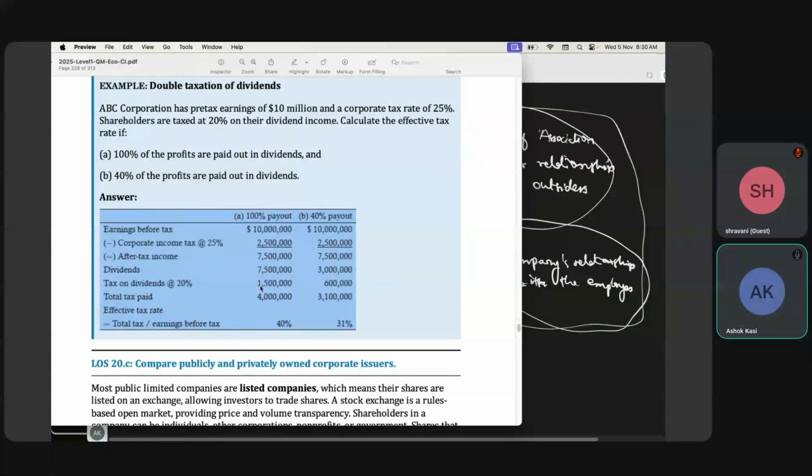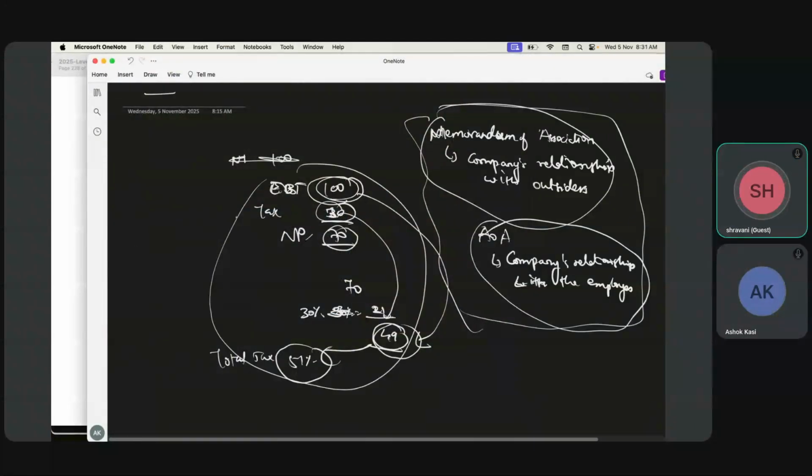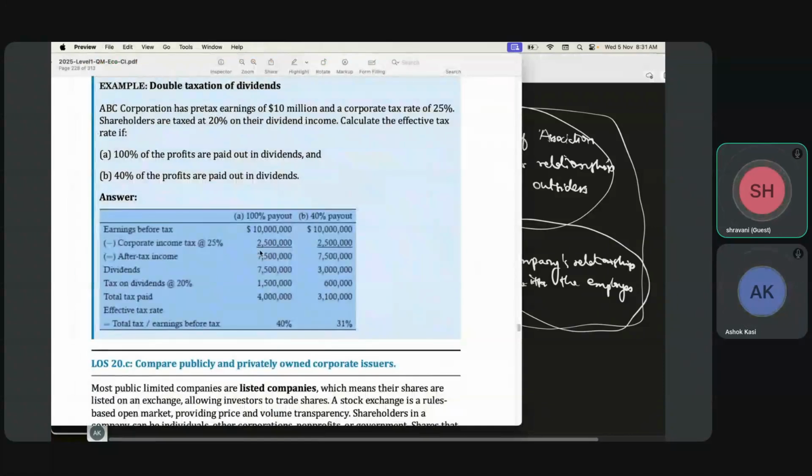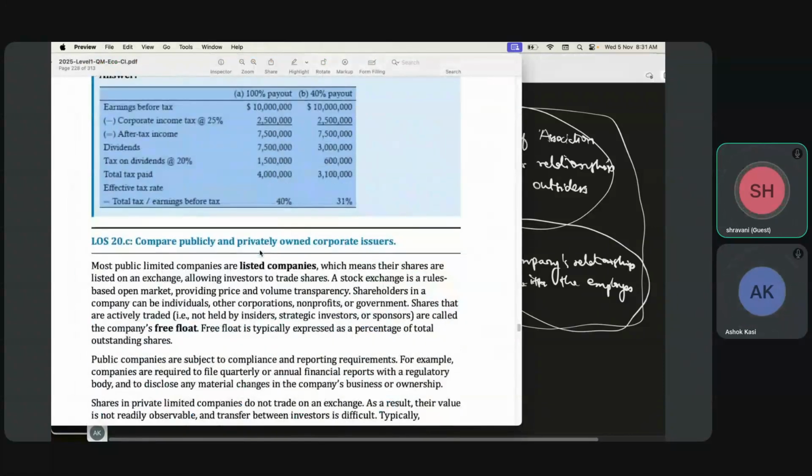So taxes on dividends in this one, 20% of 3 million comes to 600,000. So 2.5 and 0.6 comes to 3.1 million, which comes to 31% of 10 million. Are you able to understand this sum? This is just this one only, nothing else. Yes, I understand.